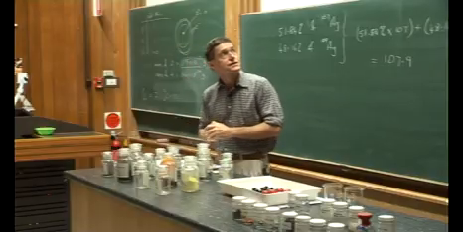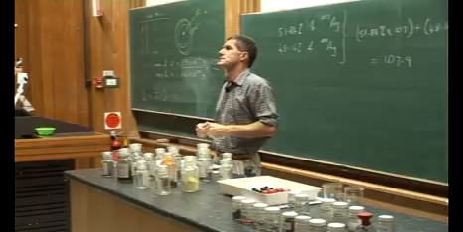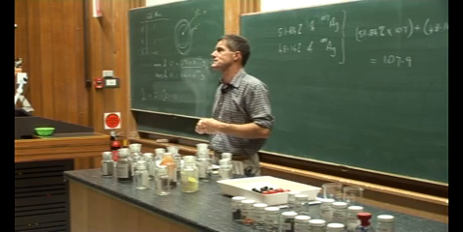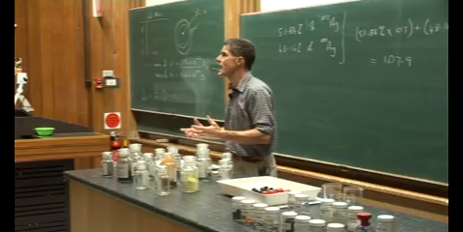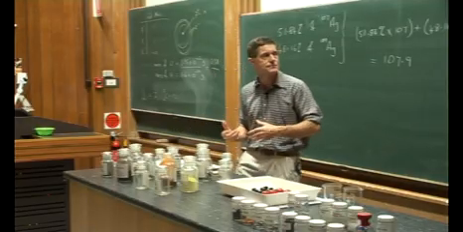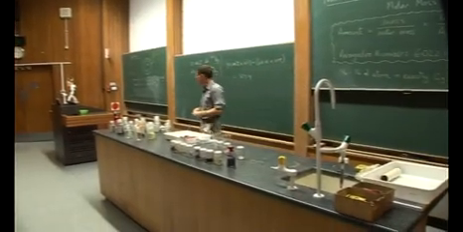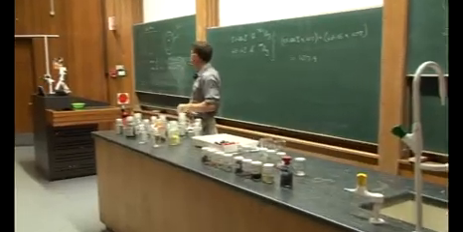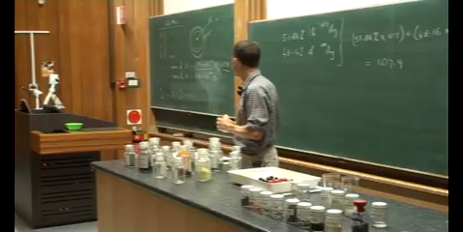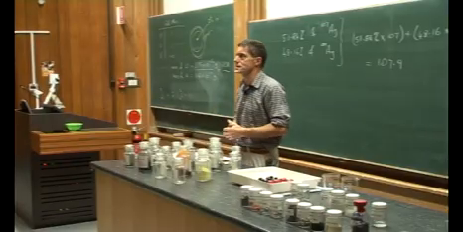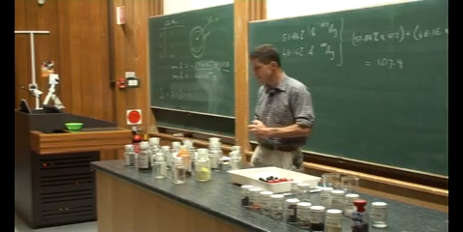If I look at some of the other elements in the periodic table, I can say hydrogen atoms are going to be 1/12 the mass of carbon-12. And if I take 1 gram of hydrogen atoms, that will have the same number of atoms as its Avogadro number. If I take, let's say, 238 grams of uranium, or specifically of one of the isotopes of uranium, that will have the same number of atoms as there are in exactly 12 grams of carbon-12.